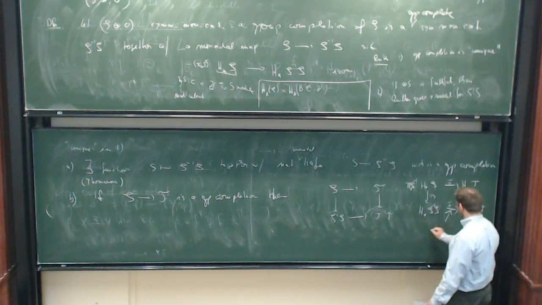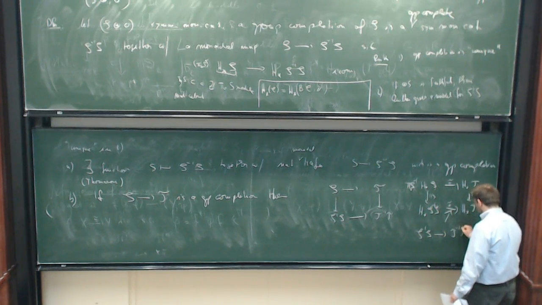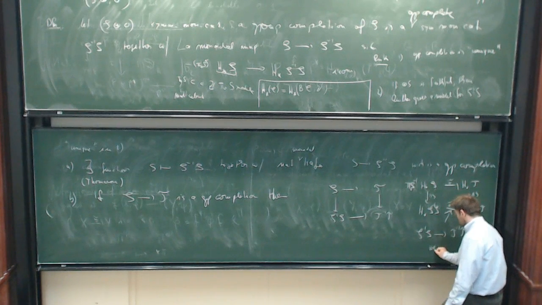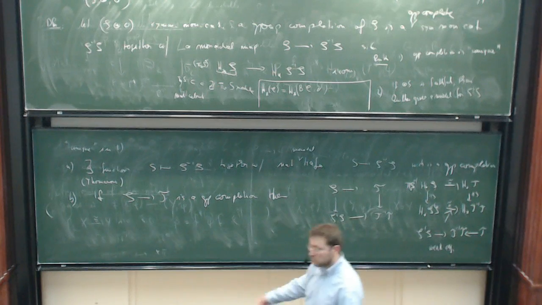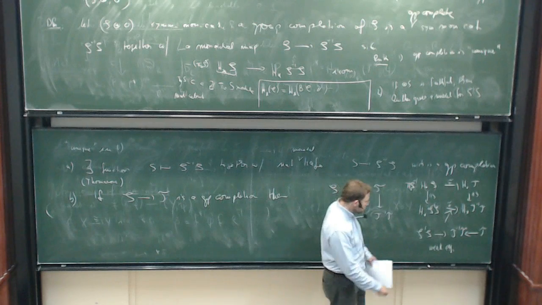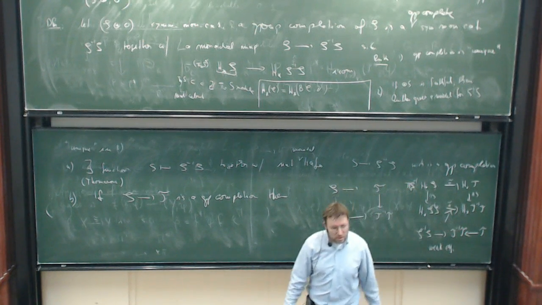So this implies that S minus 1 S to T minus 1 T, and T, they're all weak equivalences. So in the homotopy category of, I don't know, associated infinite loop spaces, these two things are the same.